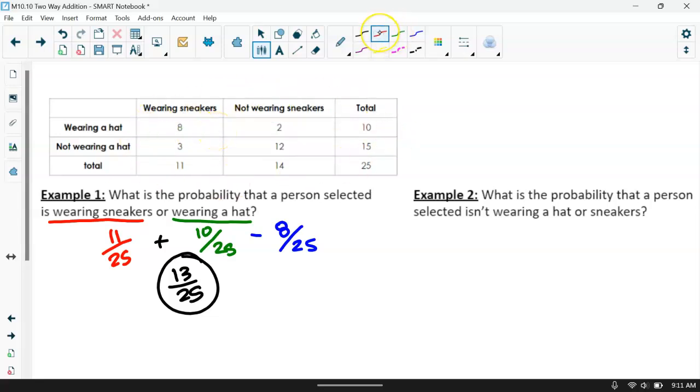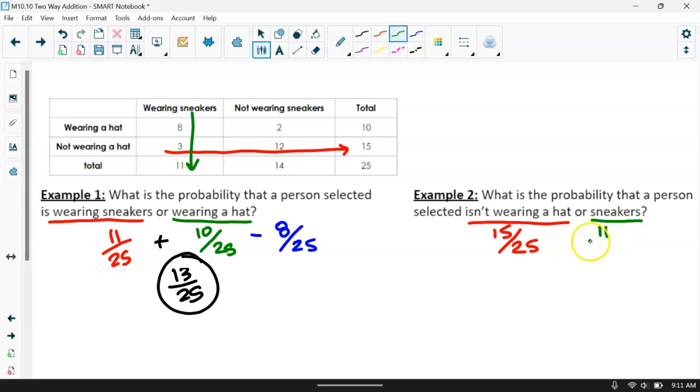Here we'll do another. What is the probability that a person selected isn't wearing a hat or is wearing sneakers? Not wearing a hat is 15 out of the 25. Or wearing sneakers is 11 out of the 25. But remember, we need to subtract out the overlap.